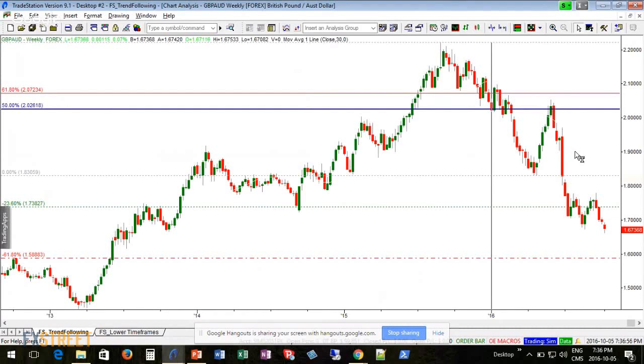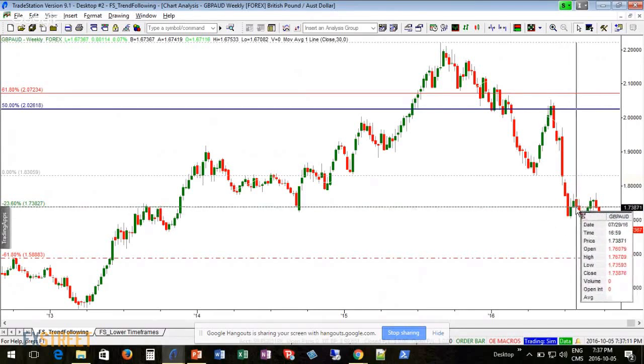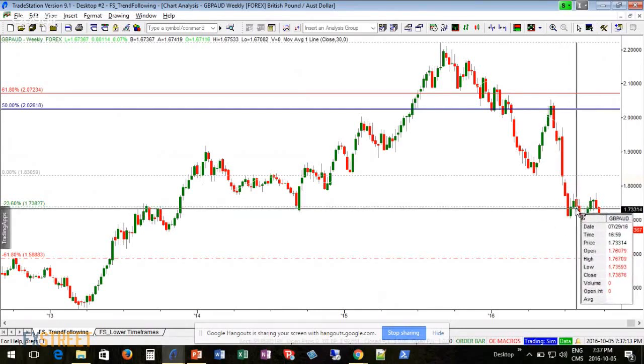In fact, they actually shorted this market at the 202.60 area, and the 207.23 held, and this market was pushed in the last few months into an area of target at 173.82.